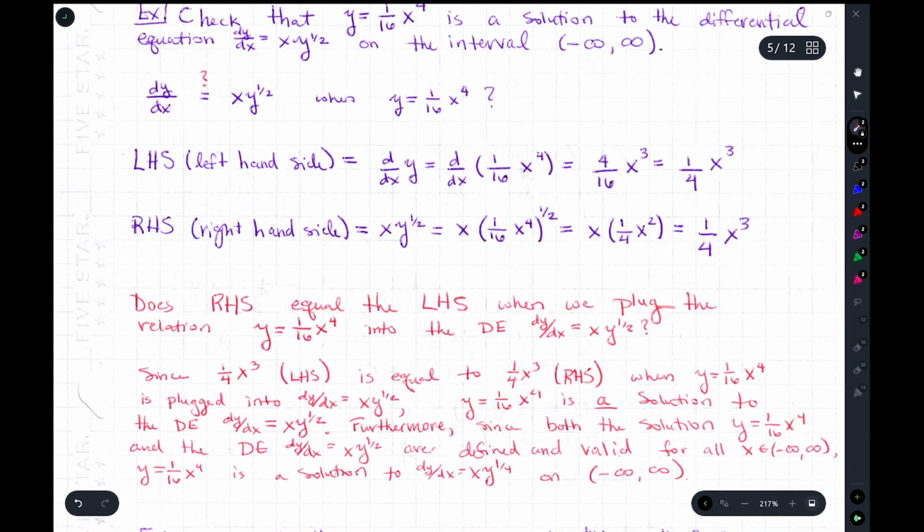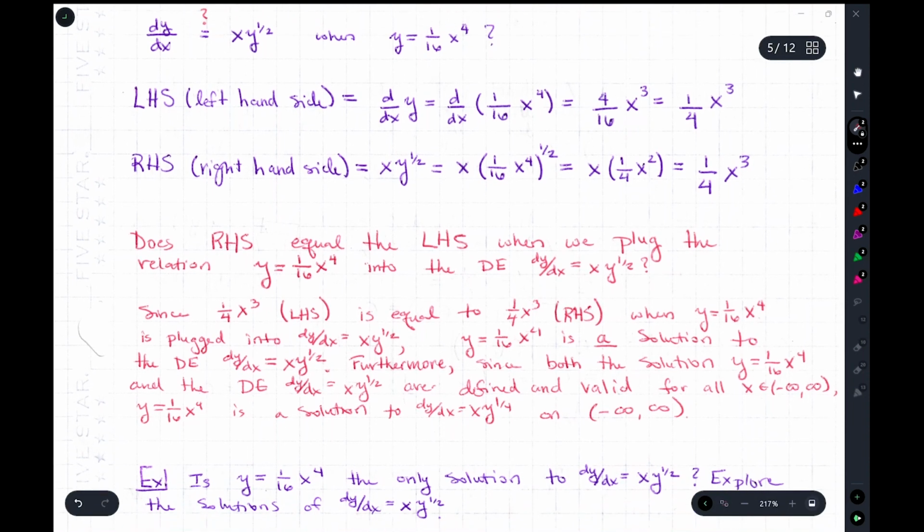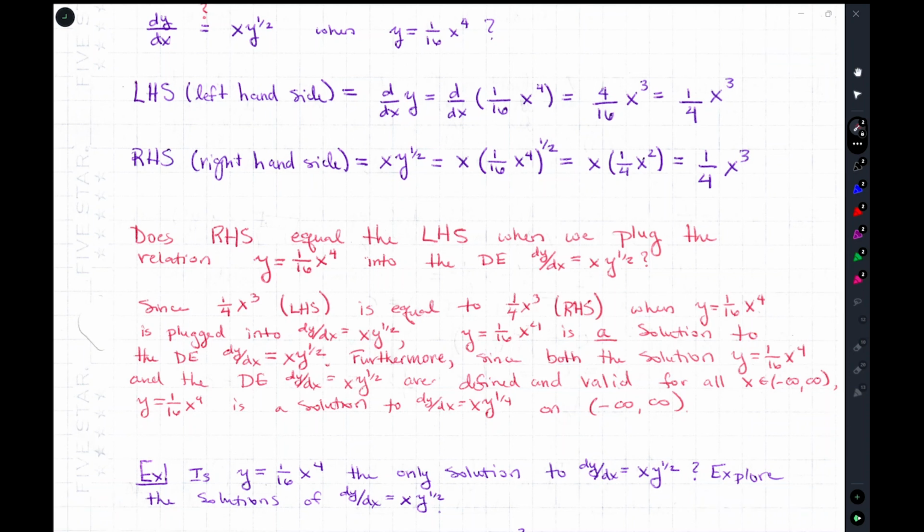So more formally, I write this out explicitly just for the first example to really get at where we're going here. Does the right-hand side equal the left-hand side when we plug the relation into the differential equation that we have? Since the left-hand side is equal to the right-hand side when y equals that expression is plugged into the differential equation, okay, because the left-hand side equals the right-hand side, then y equals 1/16 x fourth is a solution to the differential equation.